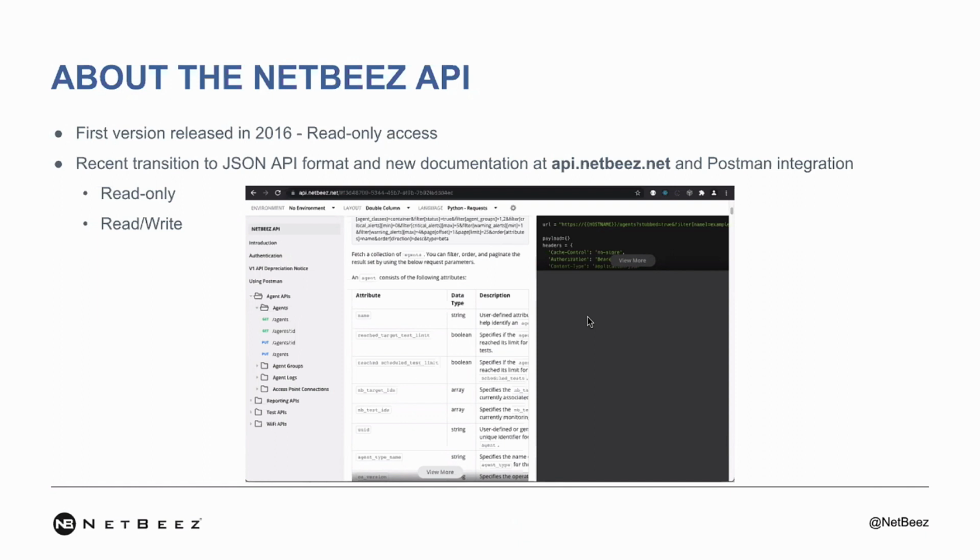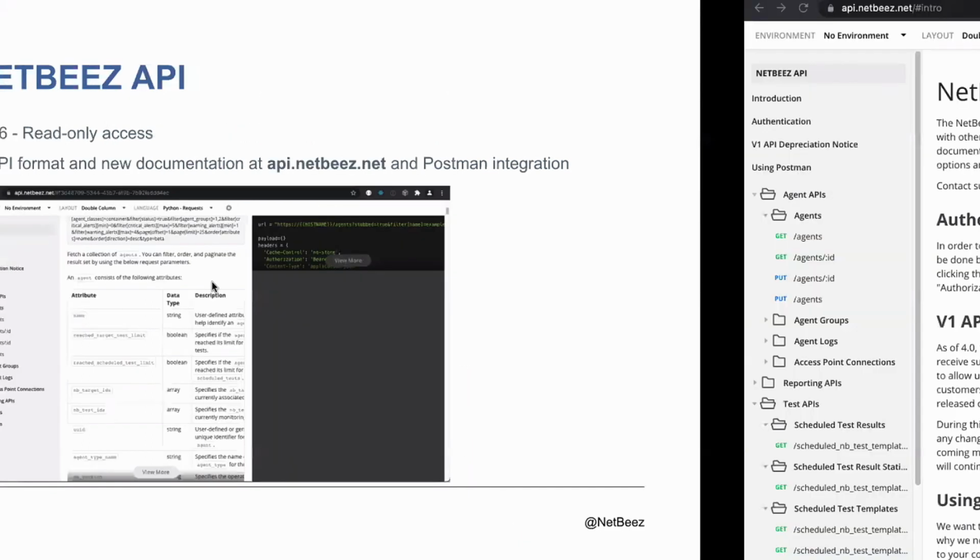with new documentation at api.netbeez.net and Postman integration. This time, on top of read-only access, we provide advanced filtering and more detailed data. We are also providing read-write access to the API, which helps our customers build automation, automate their configuration with NetBeez, and build more advanced integrations.